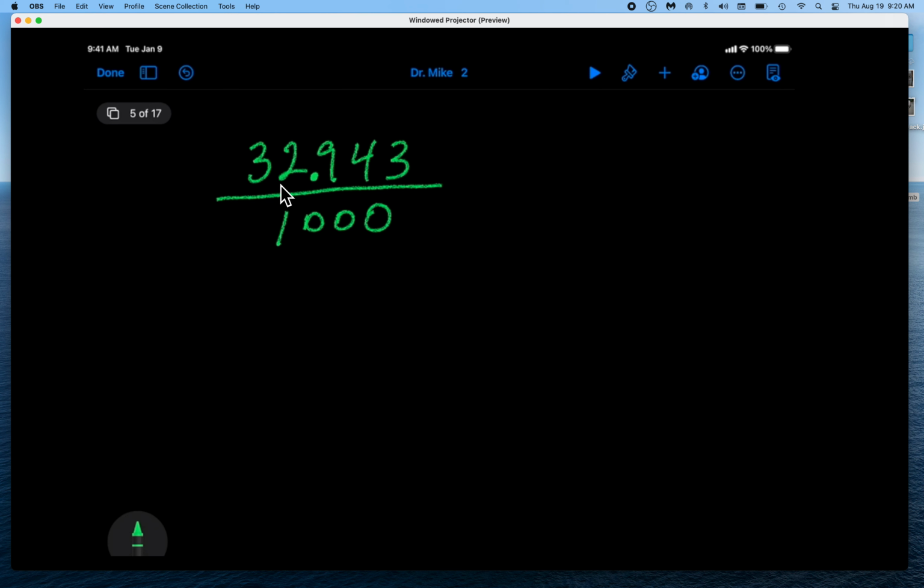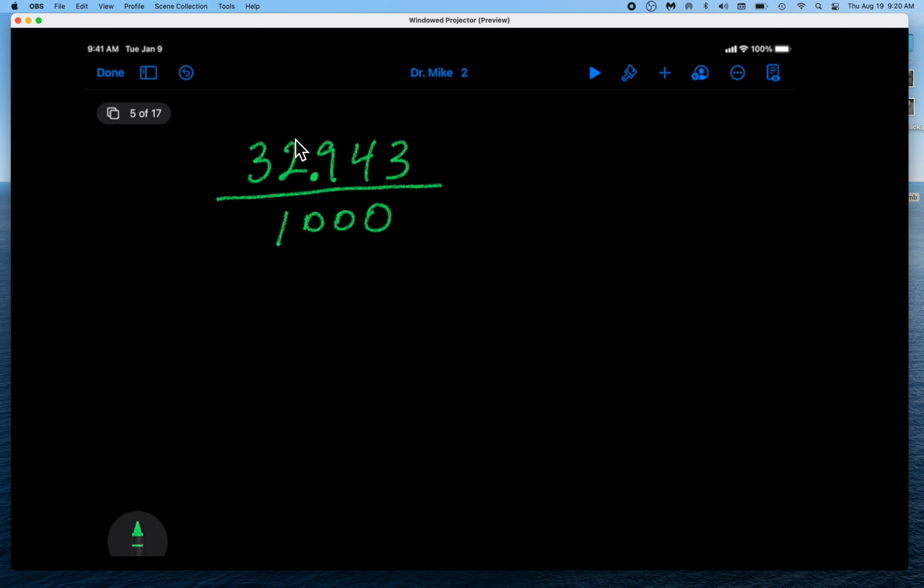That would be read as 32 and 943 thousandths. Remember, tenths, hundredths, thousandths. This has nothing to do with the fact that thousand is in the denominator. So this problem is 32.943 divided by 1,000.